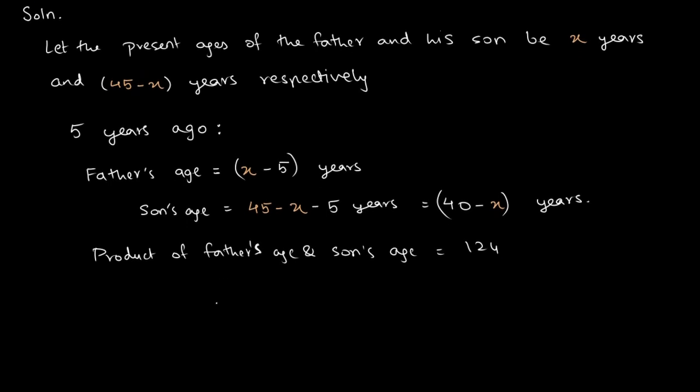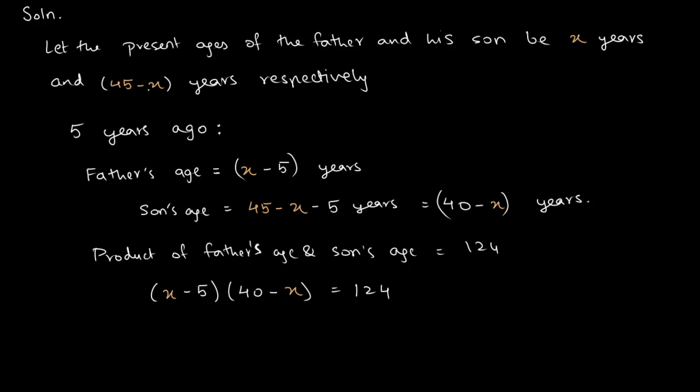So the product means multiplication. So the product of the father's age and the son's age 5 years ago: x minus 5 is the father's age, and 40 minus x is the son's age, and the product of their ages is 124. So this is the given equation, and this is all the given information in a mathematical form for this particular question.